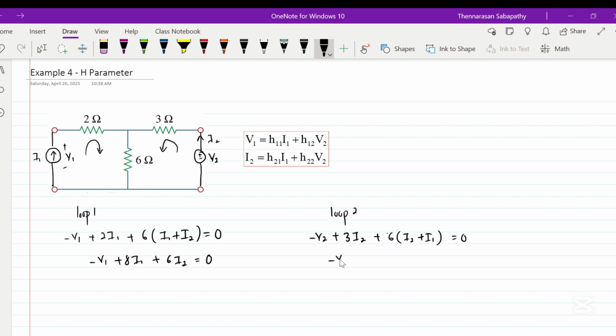So negative V2 plus 6I1 plus 9I2 equals 0.